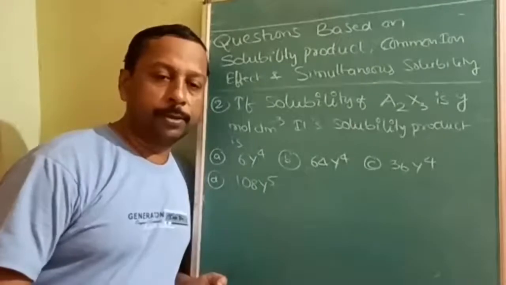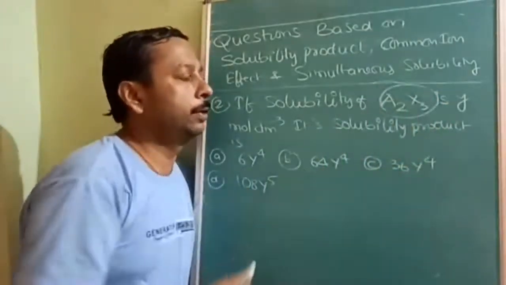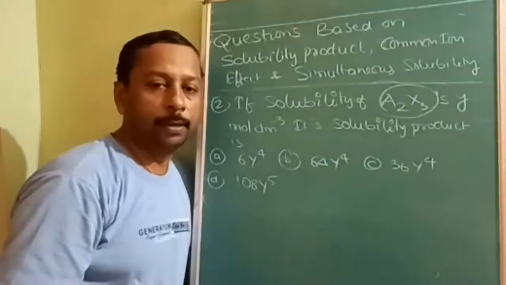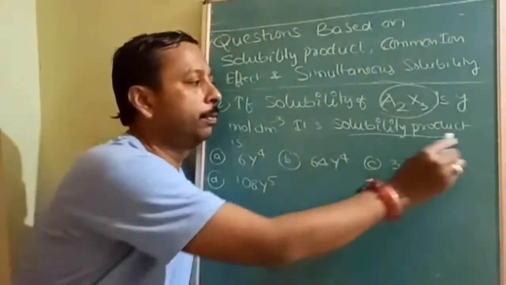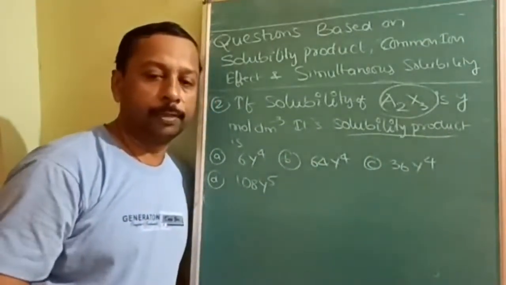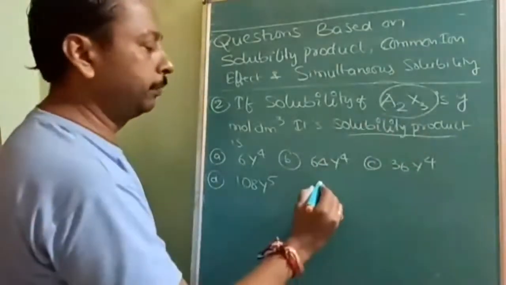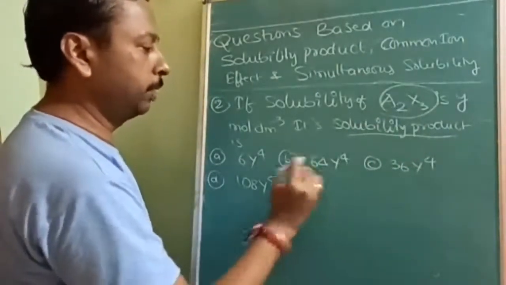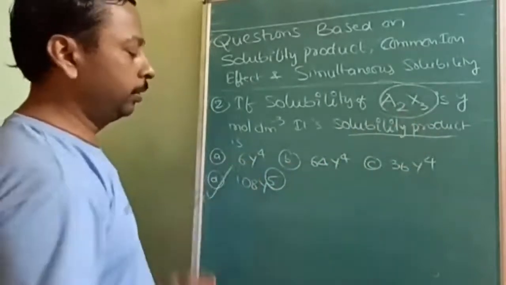Okay, next question: if the solubility of A2X3 salt is S, then we have to find out its solubility product Ksp. Very simple question, so directly I will tell you. The simple formula is x plus y, which must be 5, so directly you can answer this one.